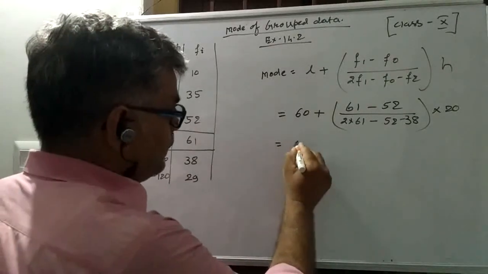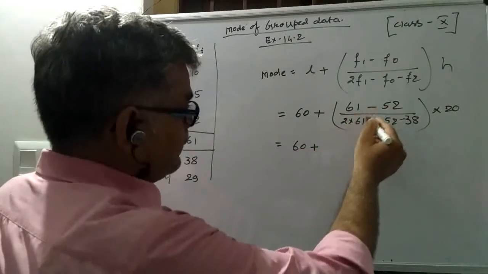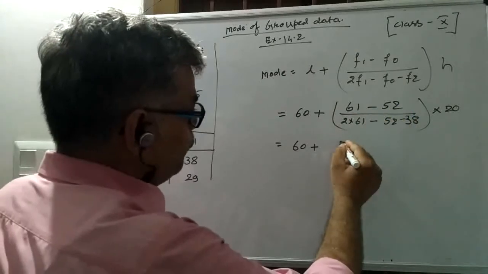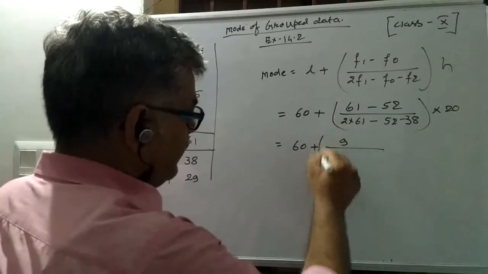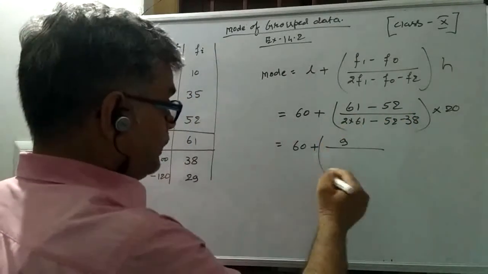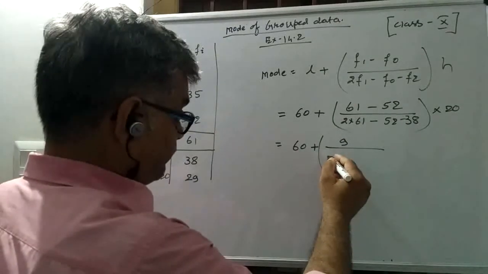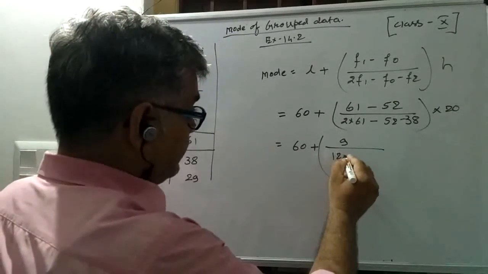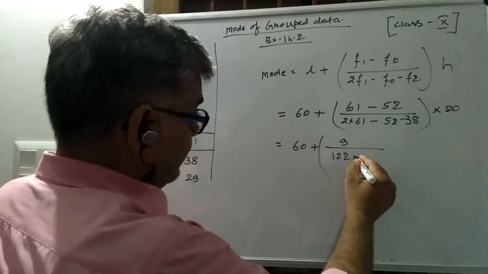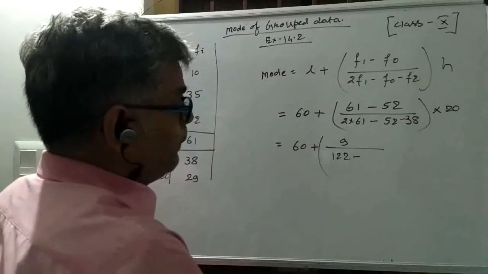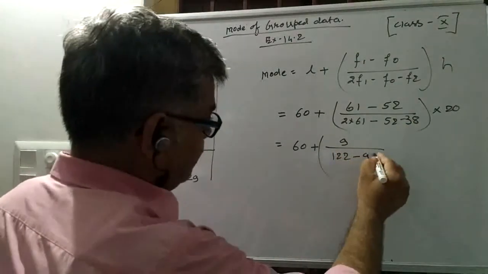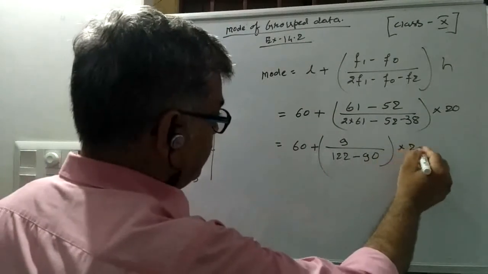So now 60 plus (61 minus 52, which is 9) divided by (2 into 61, which is 122, minus 52 and 38, which is 90) into 20.